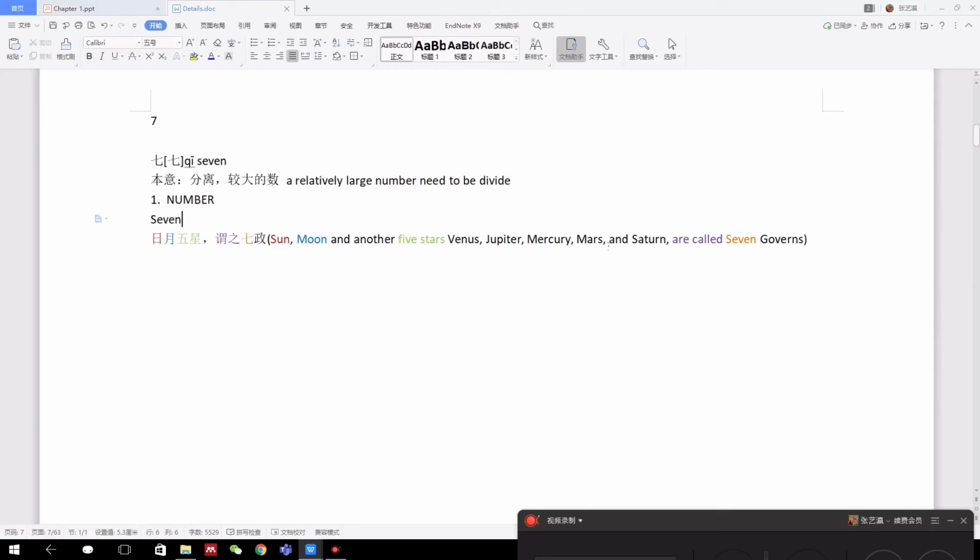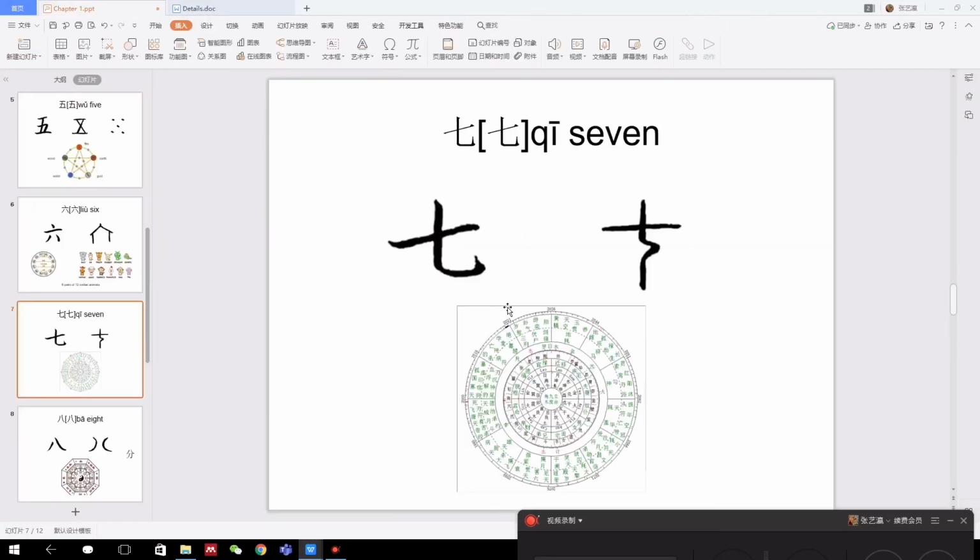Mars is called fire star. Saturn is called earth star. Together with sun and moon, they are called 7 governs. Asian people also brought up some theories related to 7, but this is too difficult, I can't explain it.